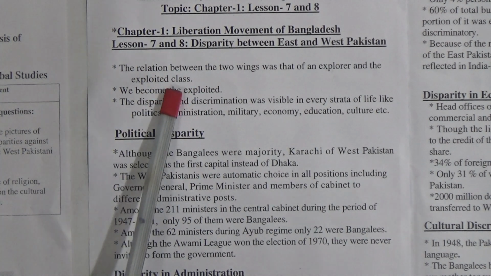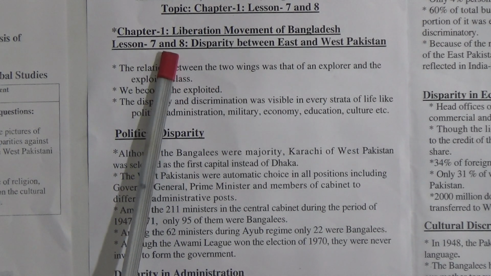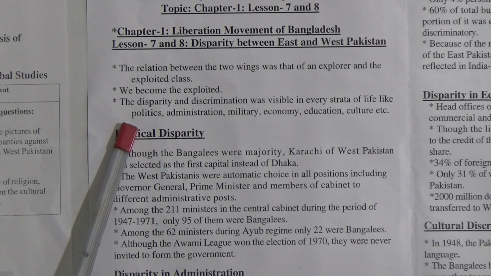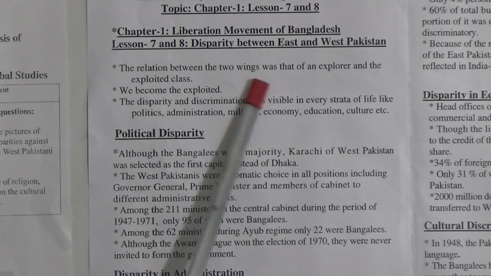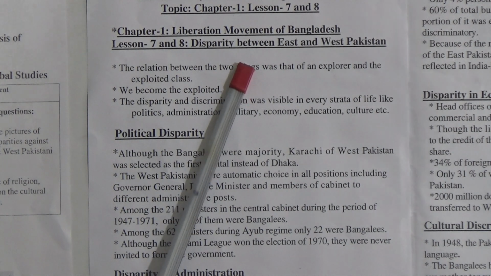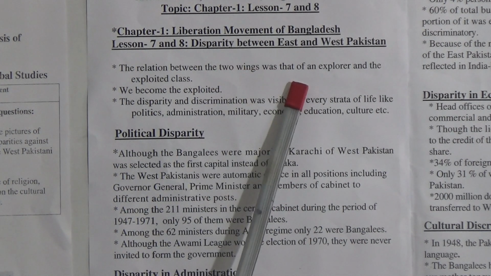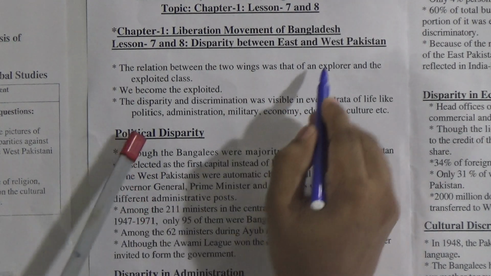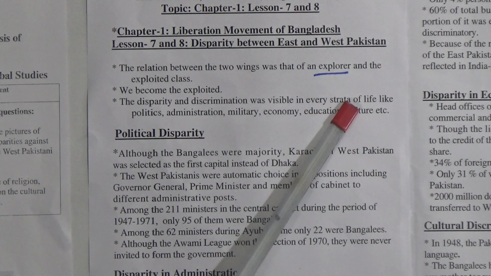So you know, first we were divided into East Pakistan and West Pakistan, and the relation between the two wings was that of an exploiter and the exploited class. Who were the exploiters? The Pakistanis.